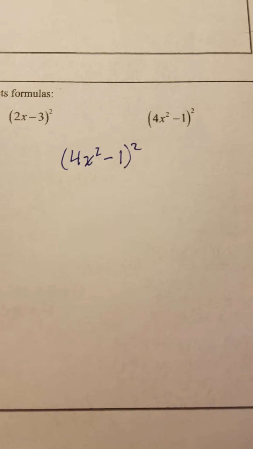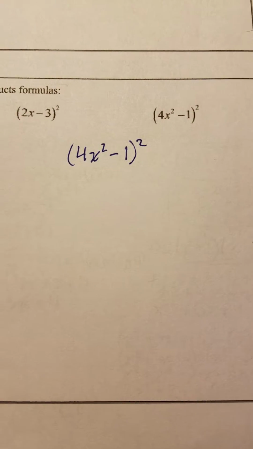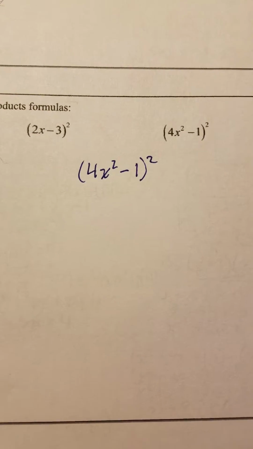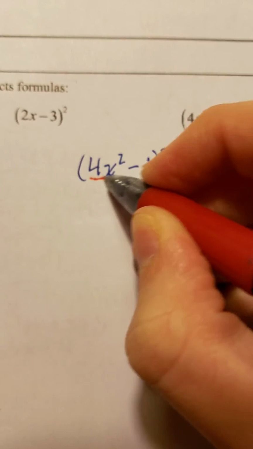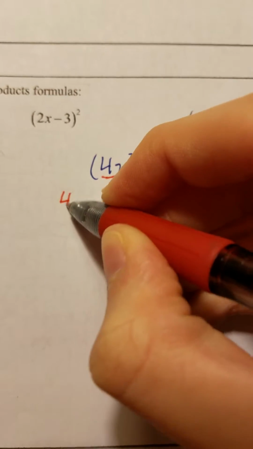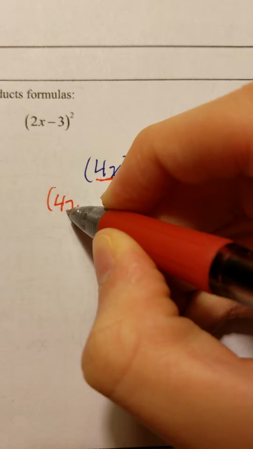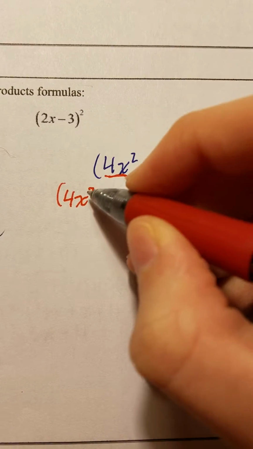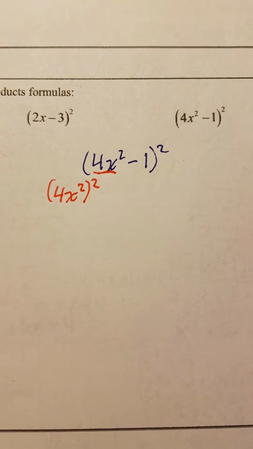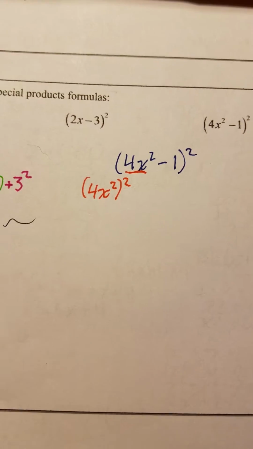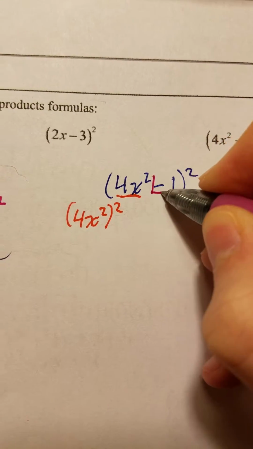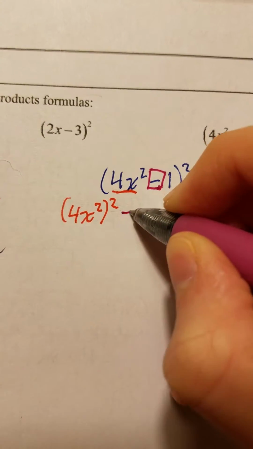You just do the same steps as before. First, we square this first term right here, 4x squared. You shove in your little minus sign and stick it in there.